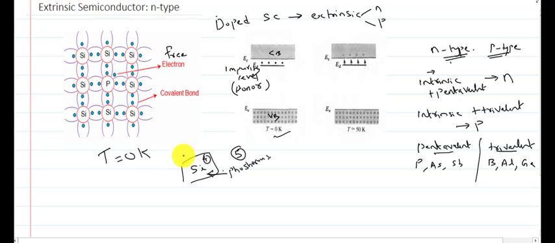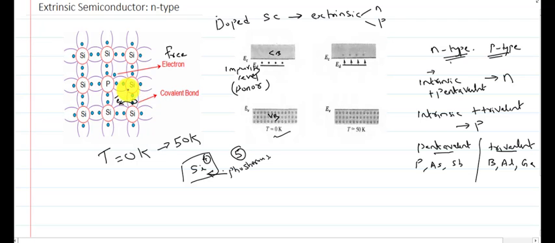If we increase the temperature from 0 Kelvin to 50 Kelvin, then in the structure we can see that this electron is free, so it will be excited to the conduction band. And if we keep on increasing the temperature, then the covalent bond will break, a free electron will be generated and a hole will be generated.